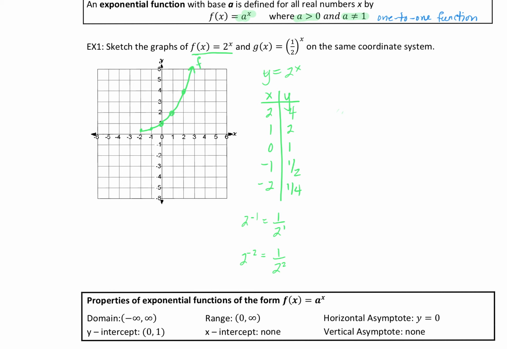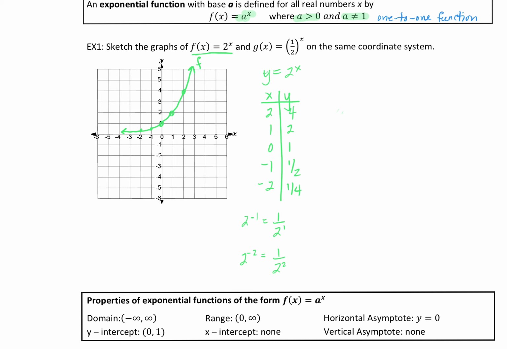If I look at smaller x values like -3, -4, this graph is going to get smaller and smaller and smaller, but it's not going to cross over the x-axis. So the y values will never be 0 or negative, which makes sense. Look at our y values. They're always positive.